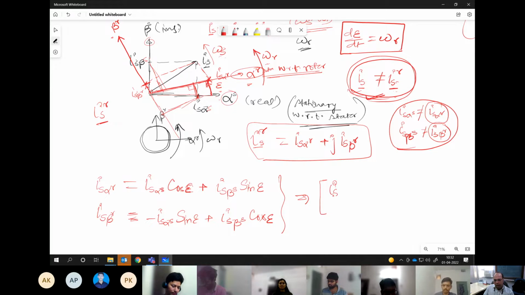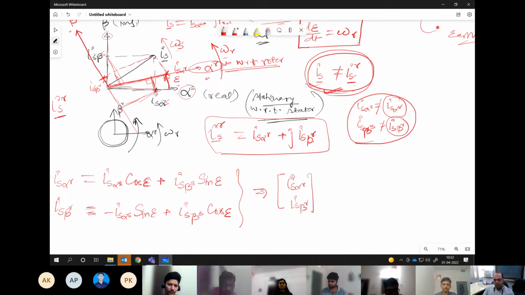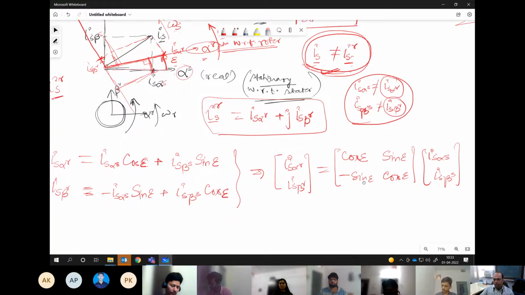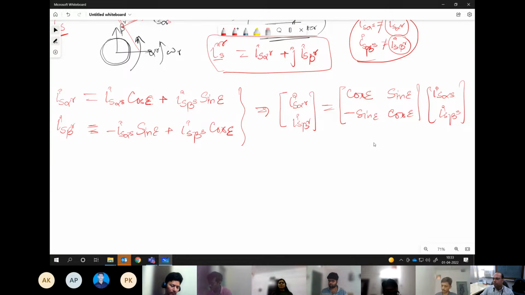Let us say I write IS alpha R, IS beta R. This vector I am trying to express in terms of IS alpha S and IS beta S. So I can multiply this matrix with the vector IS alpha S, IS beta S. You understand this point? Yes, sir.